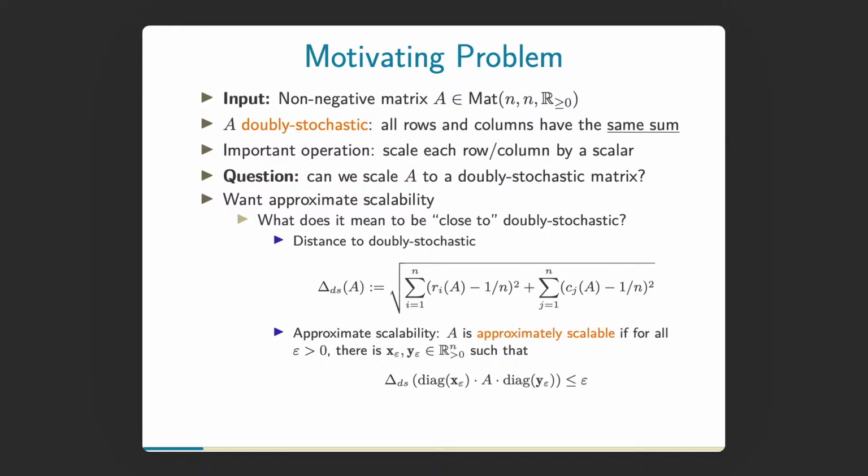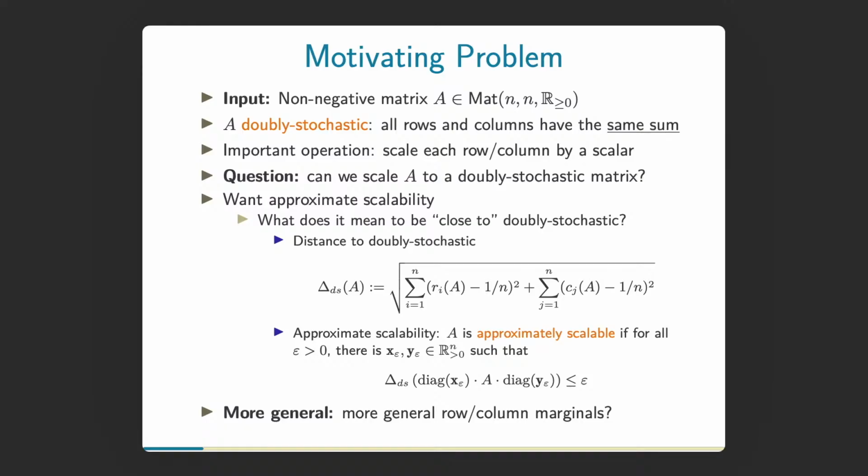Okay. But this is just kind of a motivating problem, right? So you could say, why do I care exactly about just doubly stochastic? I could have said, what if I have some target row marginals, those are the row sums, and I have target column sums?